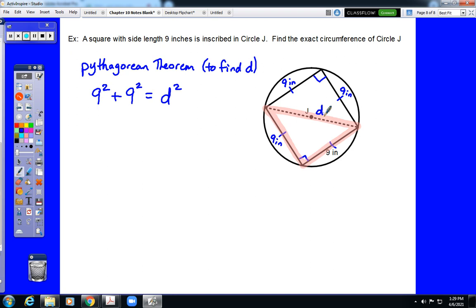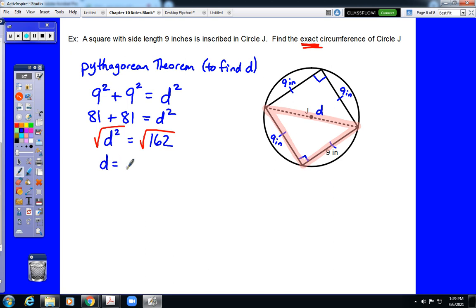Okay? What is 9 squared? All right, so we have 81 plus 81 equals d squared, or d squared equals 162. How do we find d? Square root. Very good. Now notice the directions say the word exact. So no decimals. You're not allowed to do that.